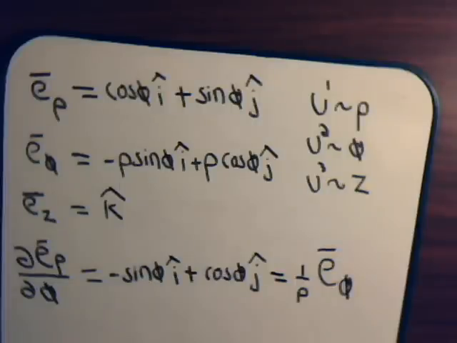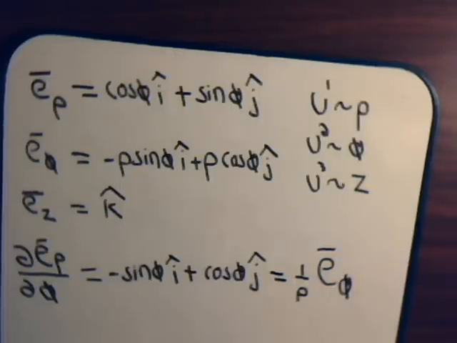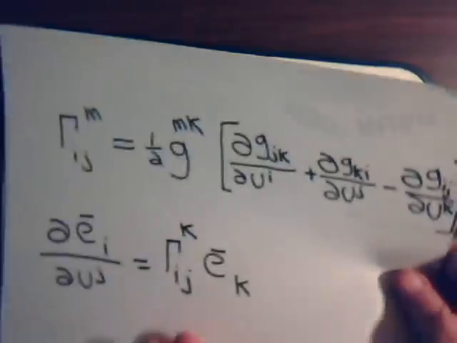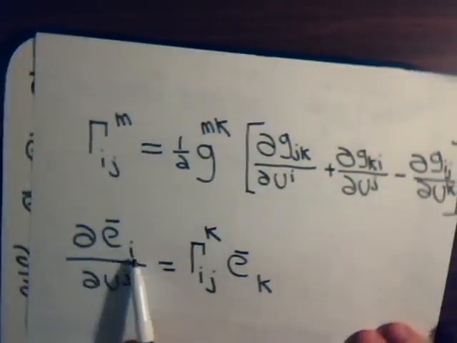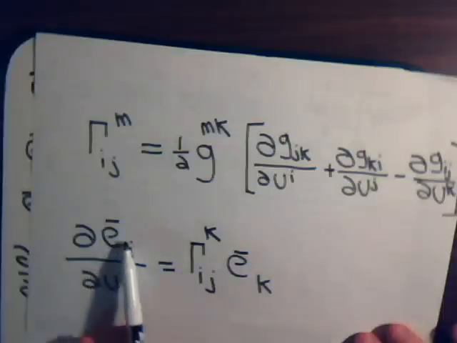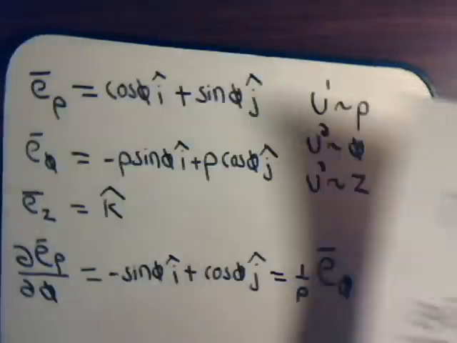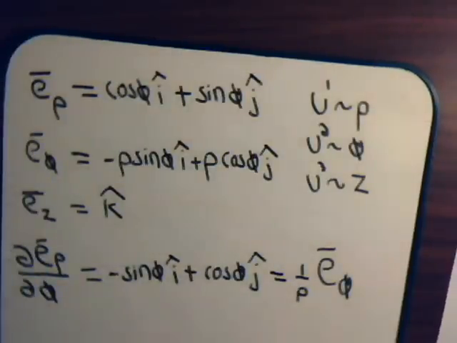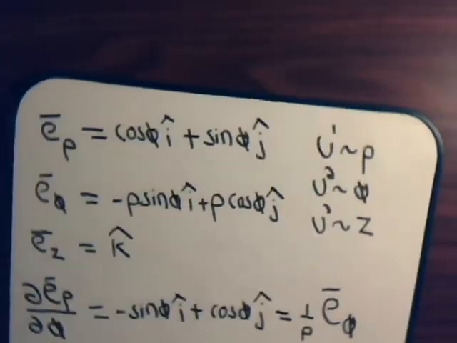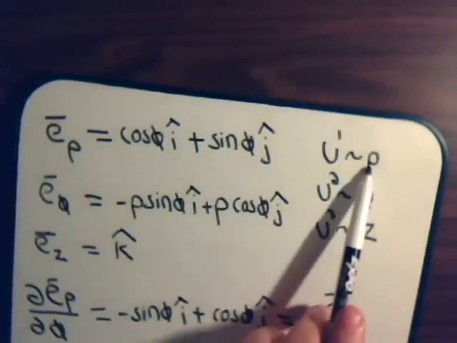psi. Now we want to take partial derivatives again. I will equal 2. Then we have j equals 1, 2, and 3. When i equals 2, that's E psi. So now we're going to take the partial of this with respect to rho.